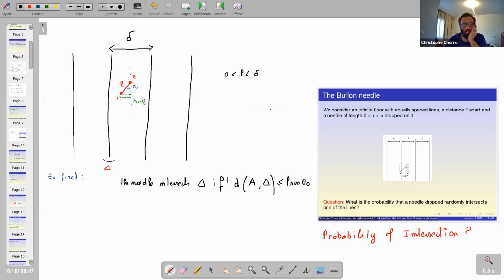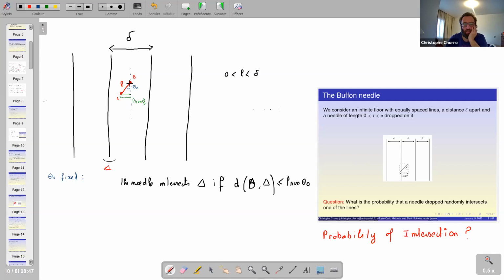So what I said is wrong. It's more than B here, excuse me. So the distance between B here and delta has to be less than this length here.